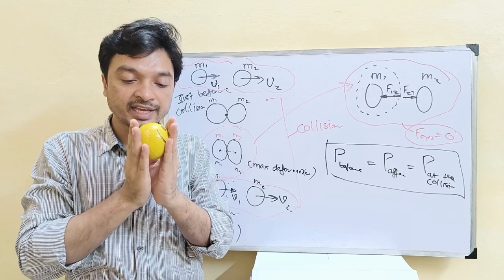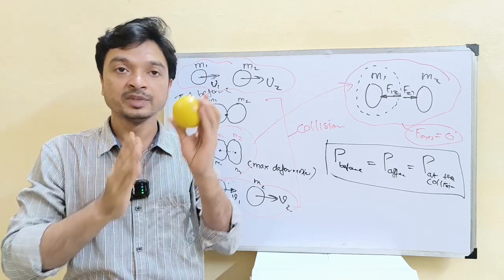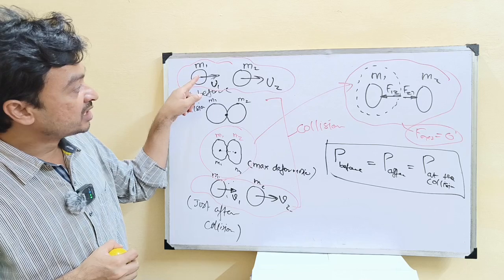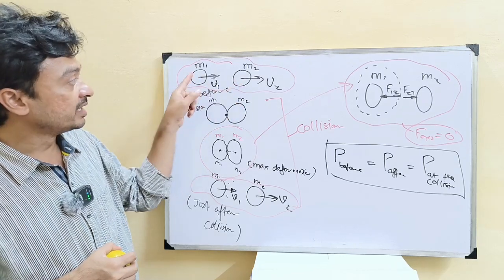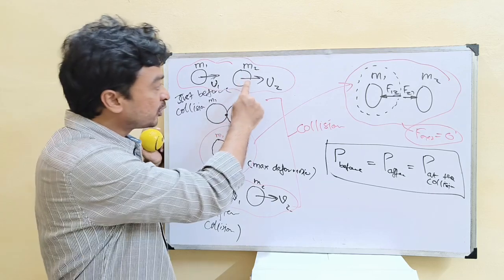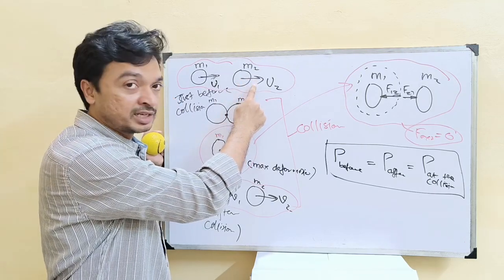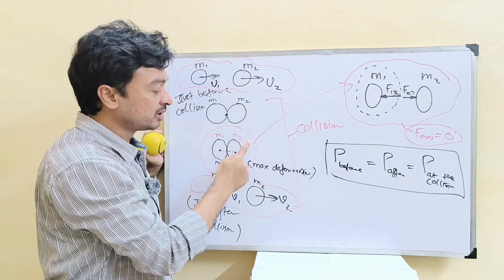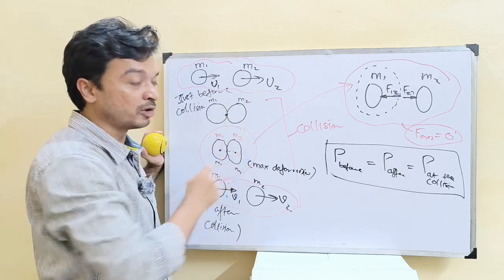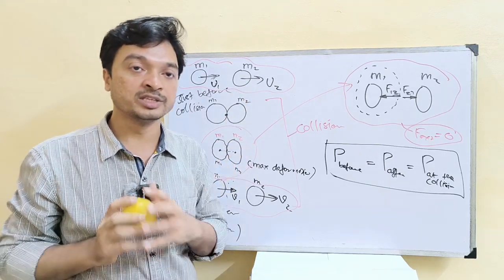So whatever energy is utilized in deforming this body must come from the system itself. That is kinetic energy of the system. So some portion of kinetic energy of the system is utilized in deforming the body, and that energy gets stored in the form of deformation potential energy.